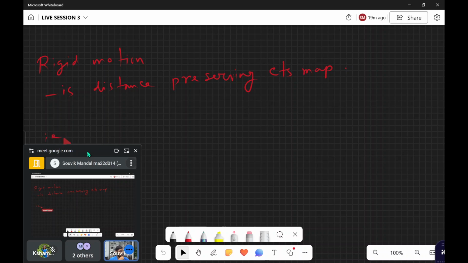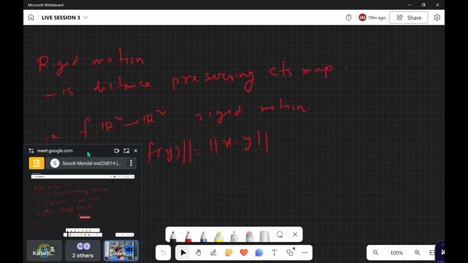That is, suppose F is an R2 to R2 motion. That is, the distance between F(x) and F(y) equals the distance between x and y. What do we mean by a rigid motion?